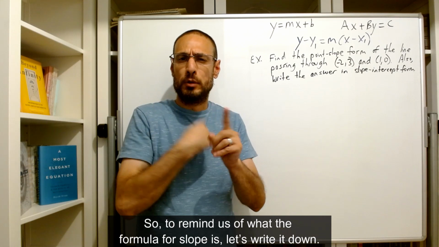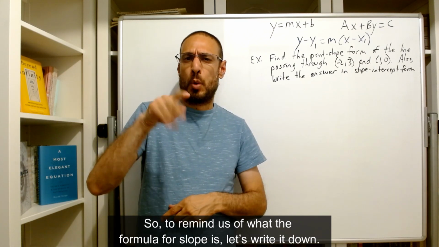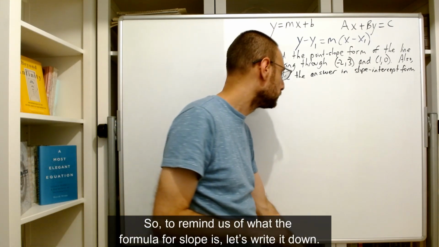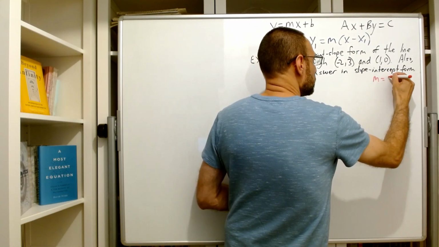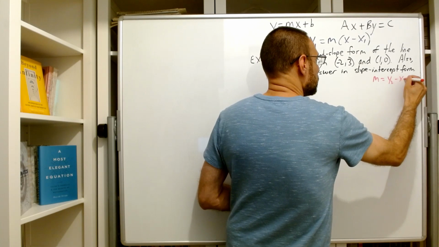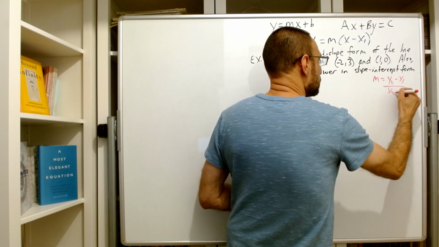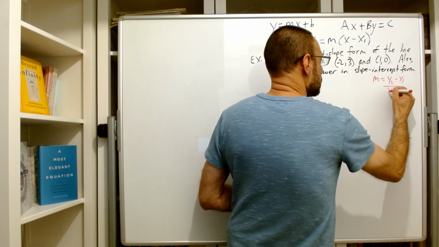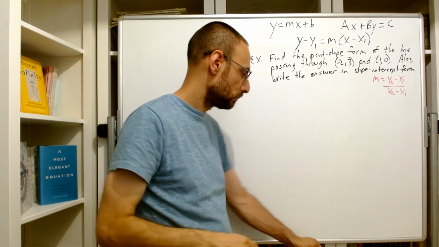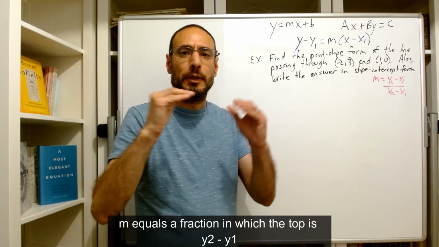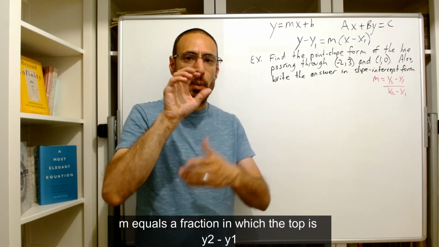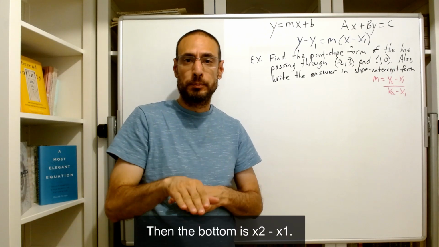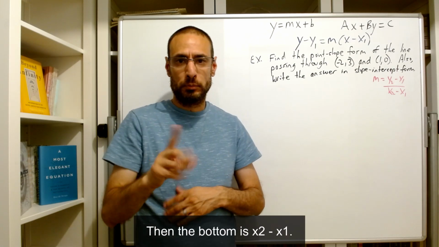So, to remind us of what the formula for slope is, let's write it down. m equals a fraction in which the top is y sub 2 minus y sub 1. Then the bottom is x sub 2 minus x sub 1.